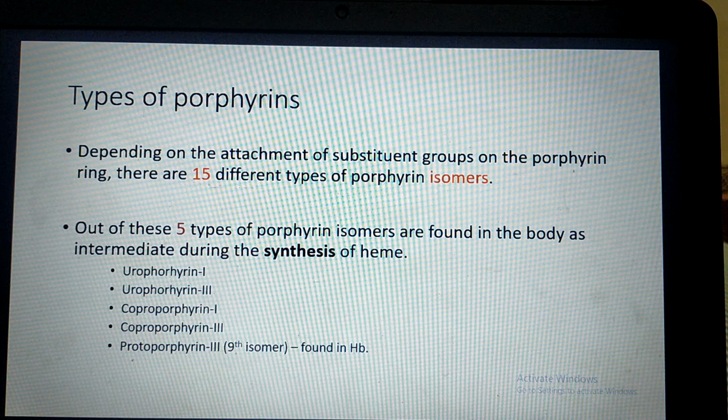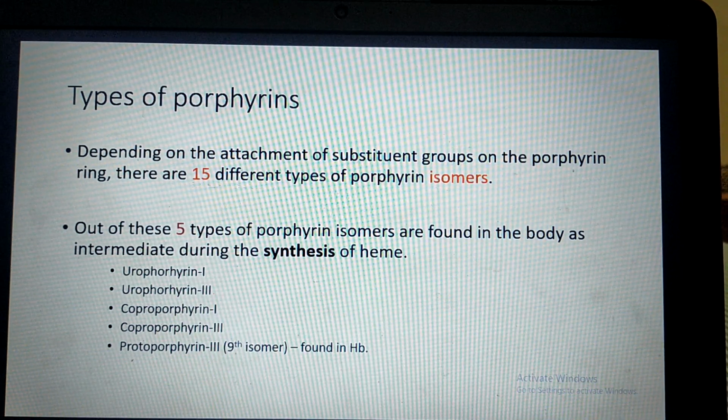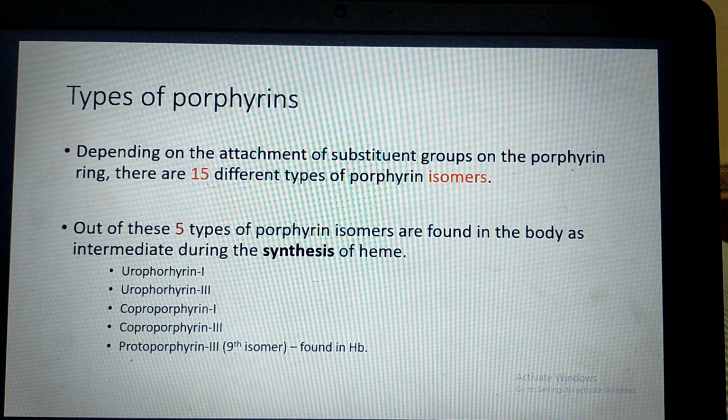Out of these 5, the last, protoporphyrin 3, which is the 9th isomer, is found in our hemoglobin molecule, whereas the upper 4 are found as intermediates during heme synthesis. When we study heme synthesis, you will understand this better. So for now just remember, protoporphyrin 3 is the porphyrin found in normal hemoglobin out of these 5.